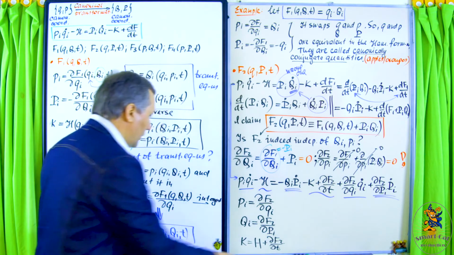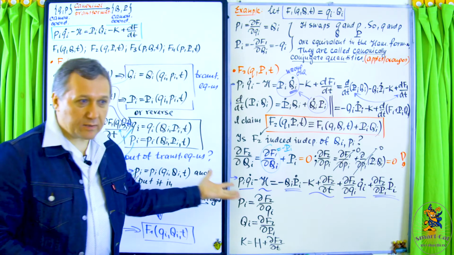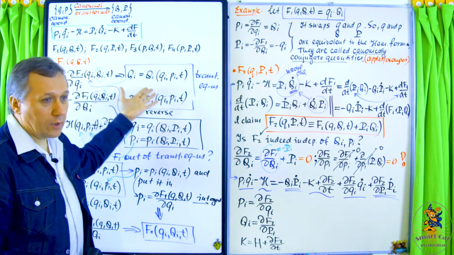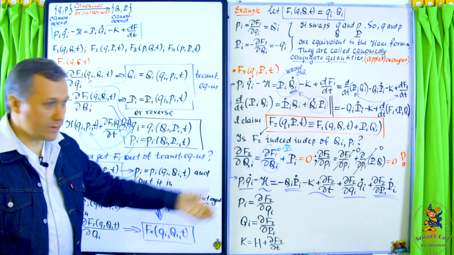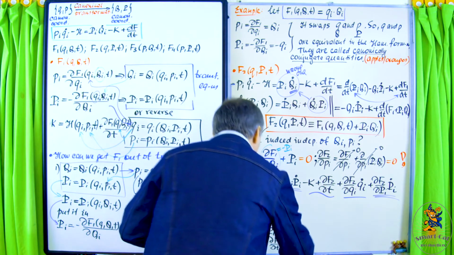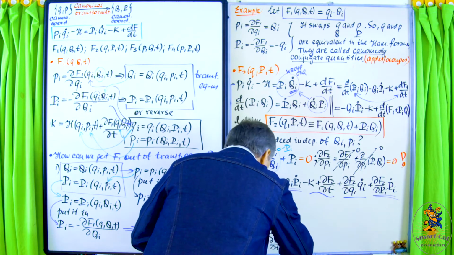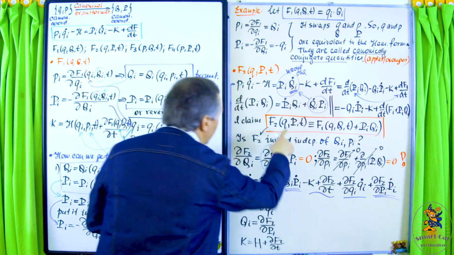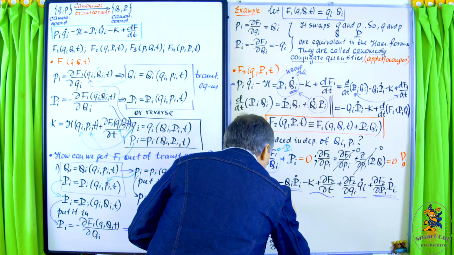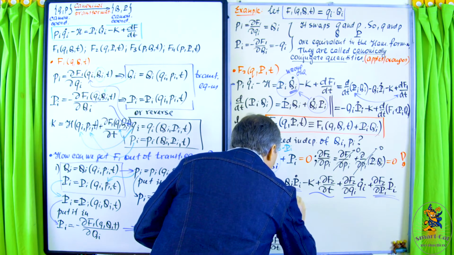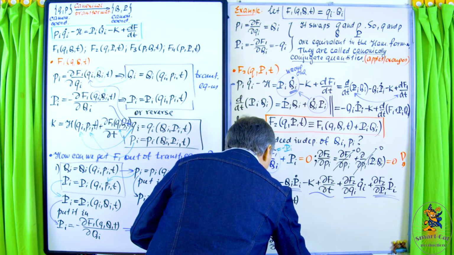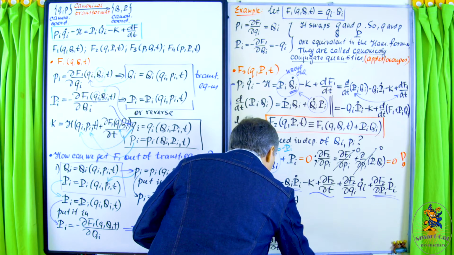So now let's again outline quickly how can we get transformation equations out of this. Right. And in order to do that, let me show explicitly dependencies. So F2 depends on q small, P capital, T, and here also let me write. Right.